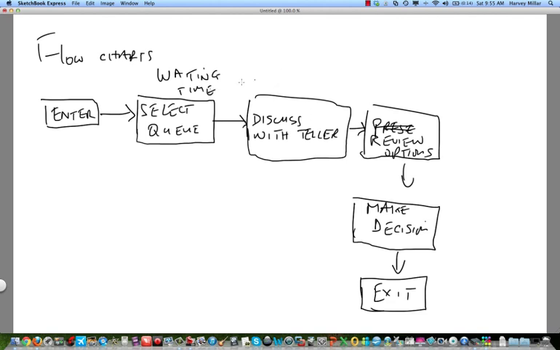Here we're looking at the customer service representative, their knowledge. We want to look at things like courtesy, service in general. And knowledge is actually part of that. Then you review the options, you make a decision, and then you exit. So when you review the options, you could talk about sufficiency of the options.